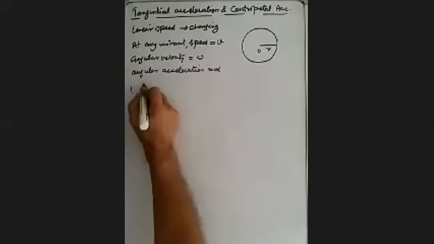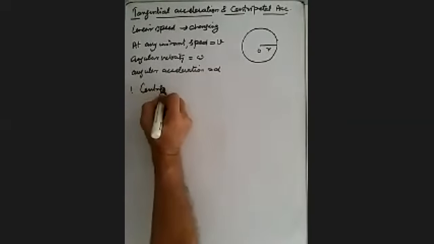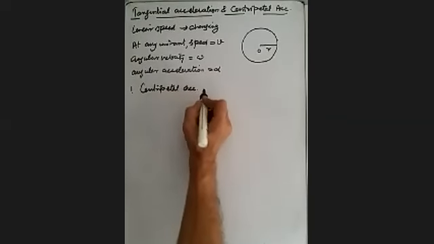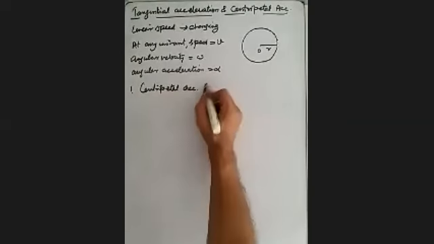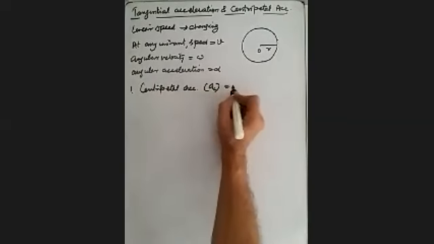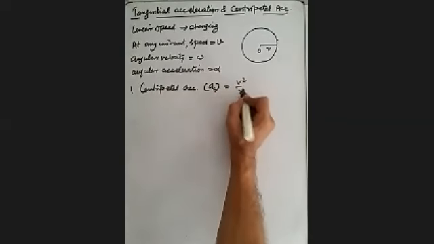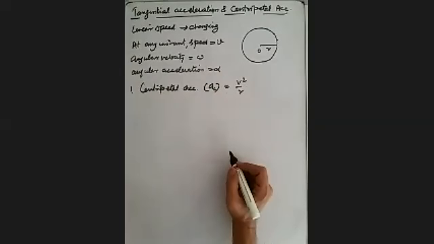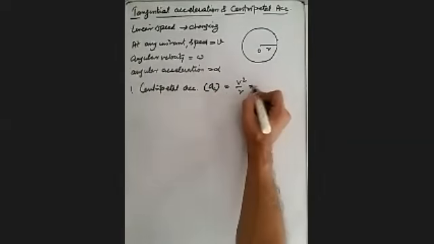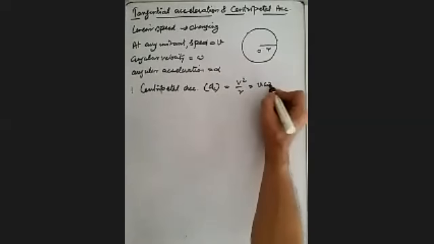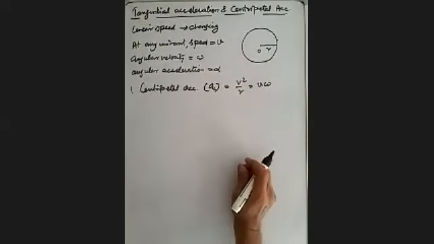Now centripetal acceleration, which is represented by a_c, is equal to v square upon r. We have already derived this expression, and this is also equal to v omega. So this acceleration acts along the radius towards the center of the circular path.